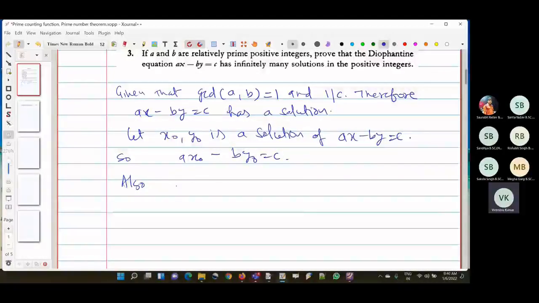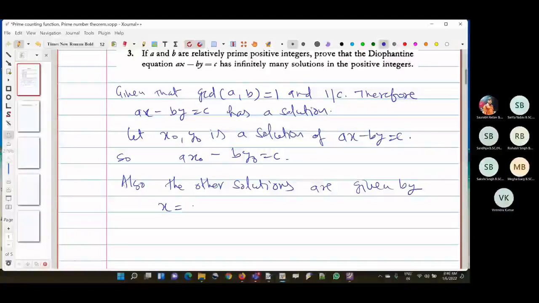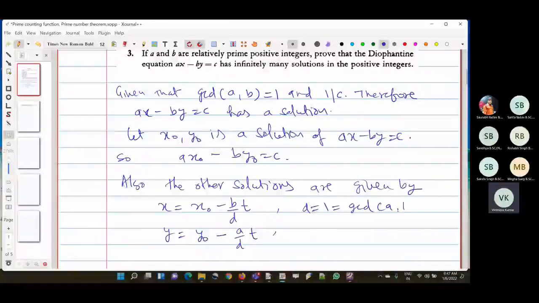Also, we learned yesterday how we can calculate other solutions if one solution is known. The other solutions are given by X equals X naught plus B by D times T, since here we have a minus B, and Y equals Y naught minus A by D times T. But D equals 1, the greatest common divisor of A and B, and T is some integer.